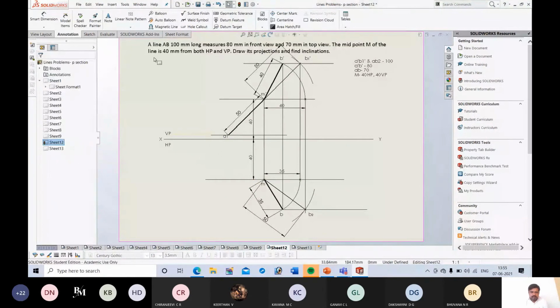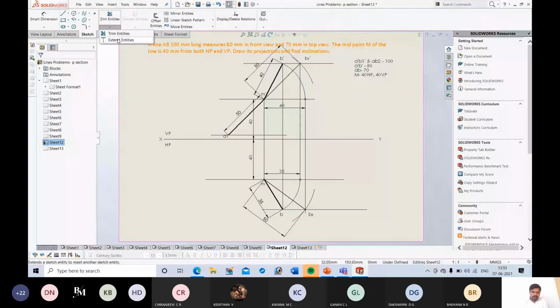Next, align your scale to this line and extend this till locus of A. Here I use a command called extend entries, so it will do the same function. Like this, I should align the scale to this line, then extend it for 40 mm or till locus of A, both are the same.